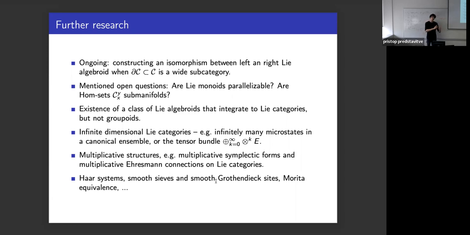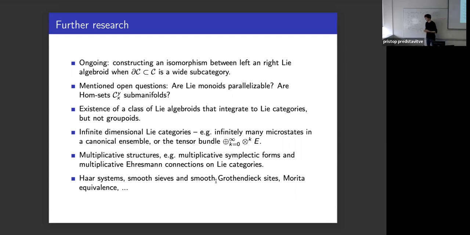You can only invert elements in the neighborhood of the units. So here, first of all, the composition is global, I mean, it's defined on the whole category. And moreover, there's no assumption of invertibility, right?